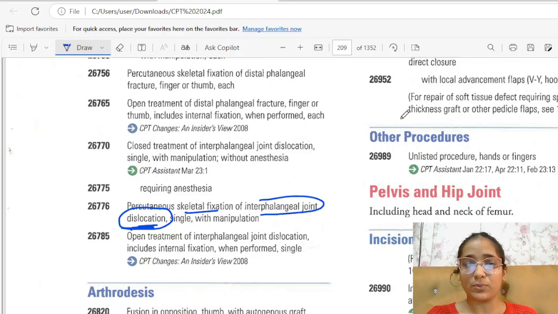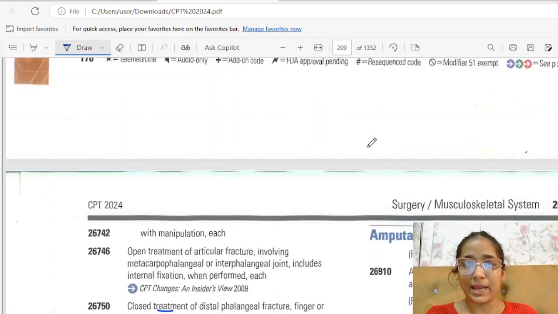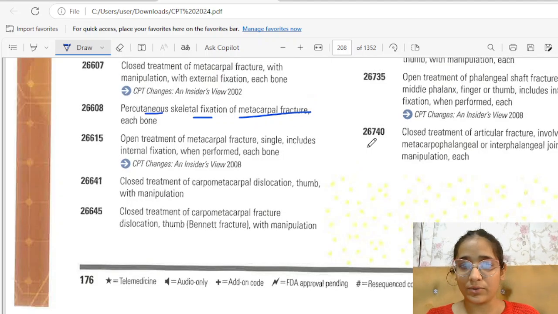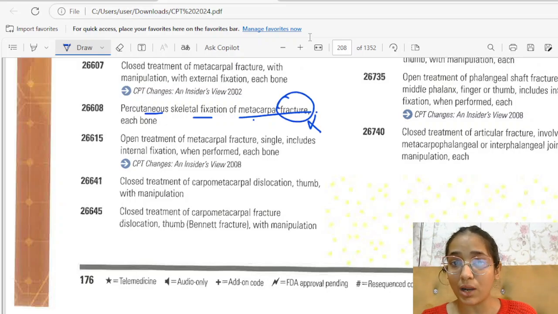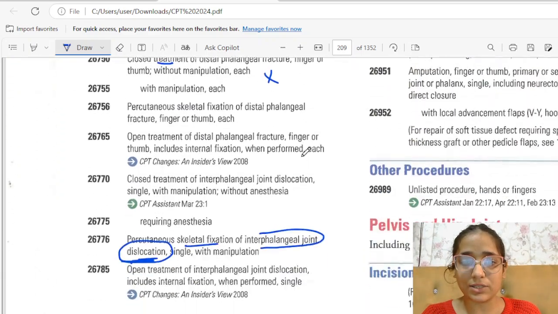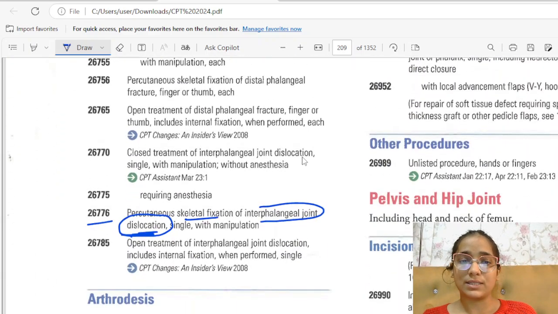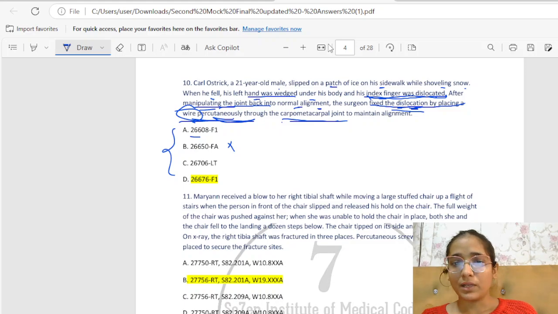The major difference between 26776 and 26608 is the fixation of a metacarpal fracture. Patient does not have the fracture, so we have to rule this out, and the answer should be 26776 because the patient has the dislocation.